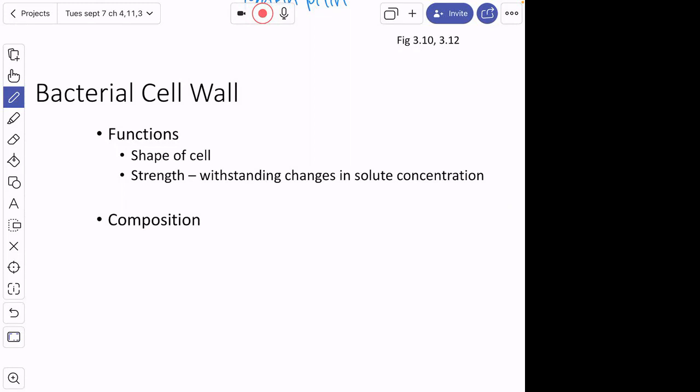Why do they have a cell wall? Well, it helps maintain the shape of the cell. So for instance, if there are mutations in the cell wall, with certain structures in it, we know that the cell can have a shape different than what it normally would. And it helps protect the cell from changes in osmotic concentration.